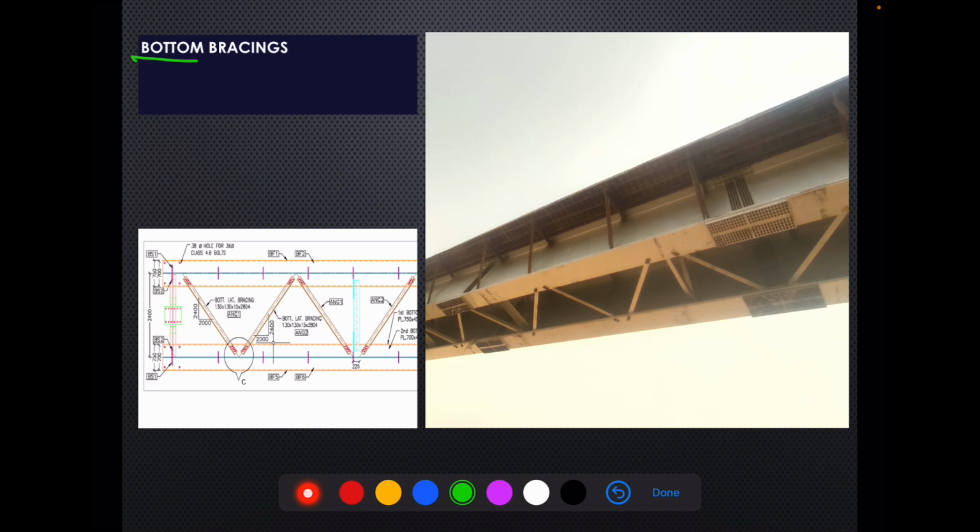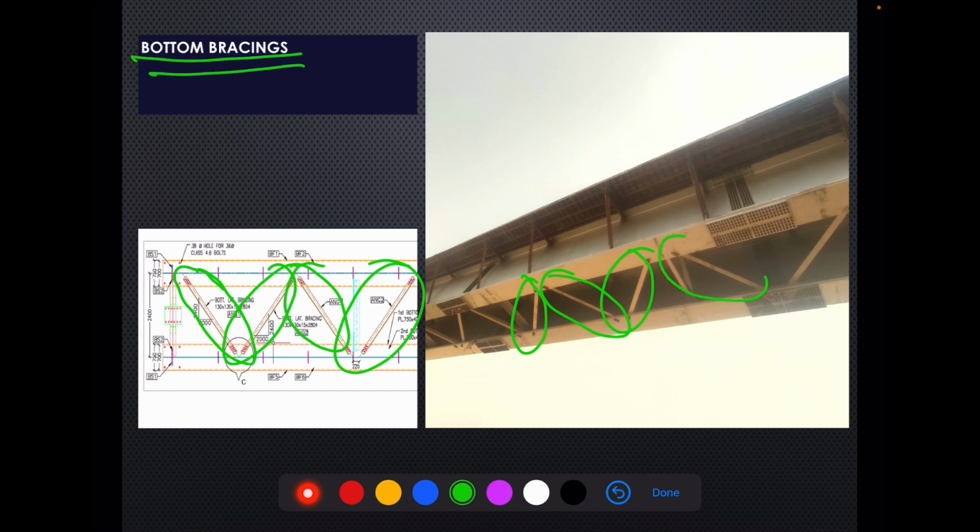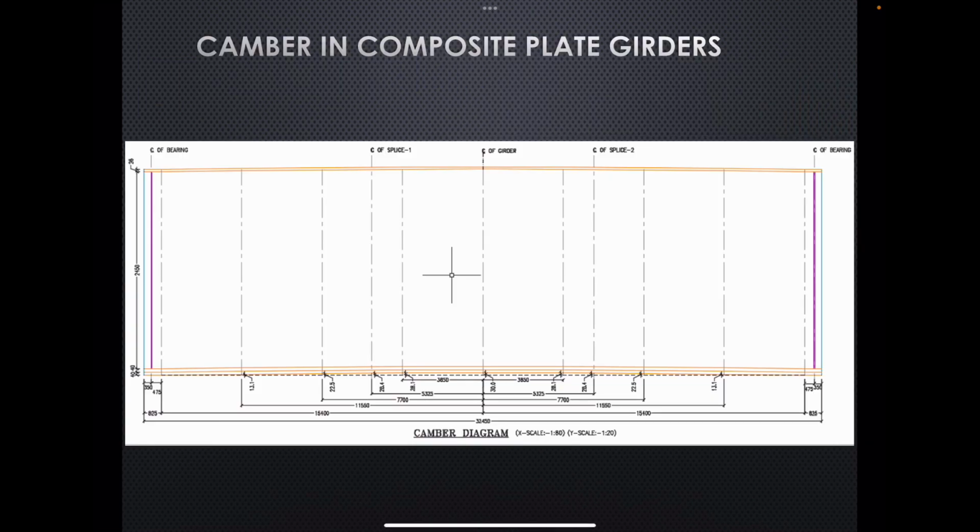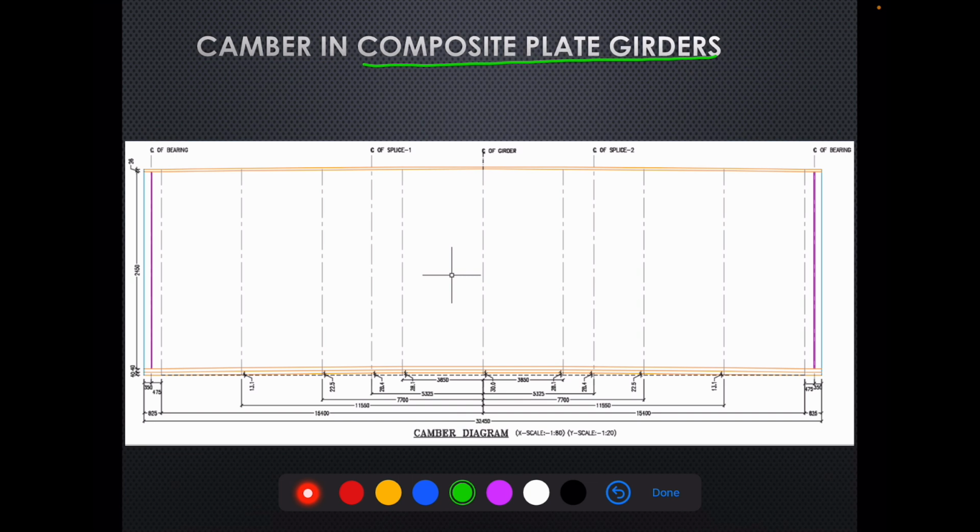So next we have bottom bracings. As you have seen, these bottom bracings are being provided like this. So in the photograph also you can see these are the bottom bracings of the composite plate girder. Now camber is provided in composite plate girders also. So as you can see, the actual shape of our plate girder is something like this.